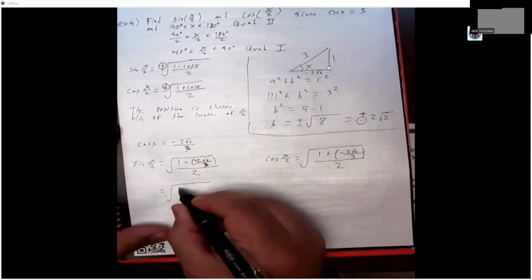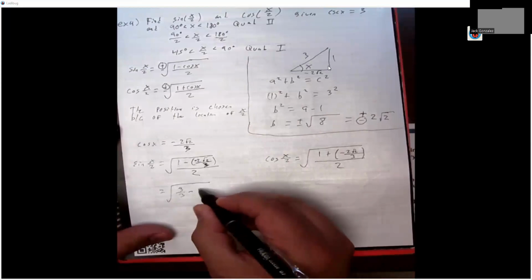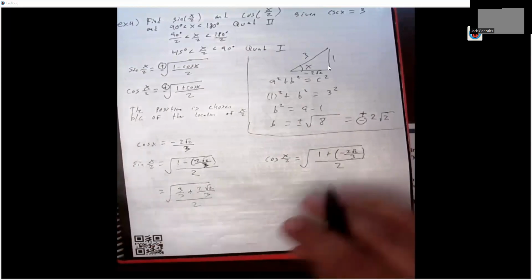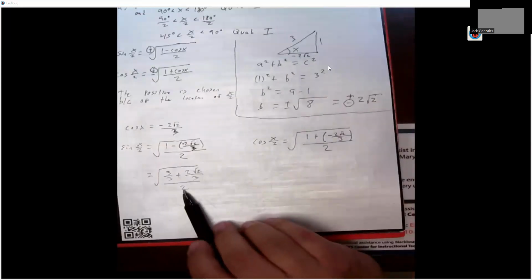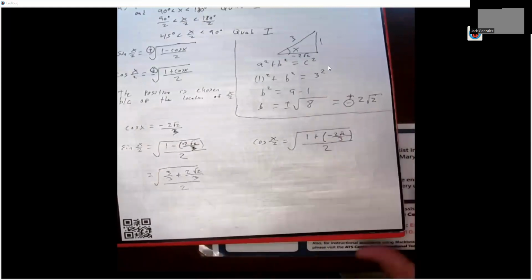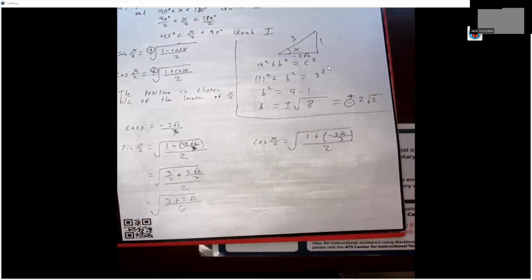This will be 3 over 3 minus, plus, minus, 2 root 2 over 3, over 2. If you divide by 2, that's the same as multiplying by 1/2. This will become 2 sixths. So the final answer would be 3 plus 2 root 2 over 6. Gotta skip a couple of fraction steps.